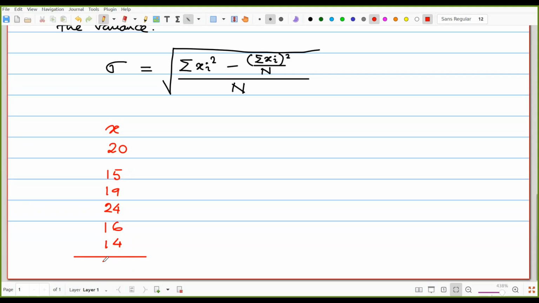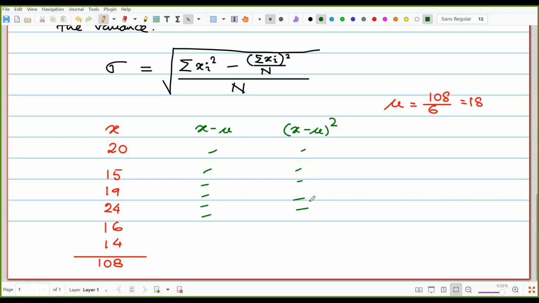The total is 108. In the previous problem, we found the mean at first, and the mean was 108 by 6, or 18. After that, we found x minus mu, and then another column was x minus mu whole square.